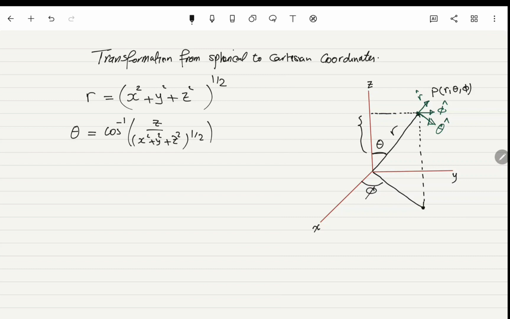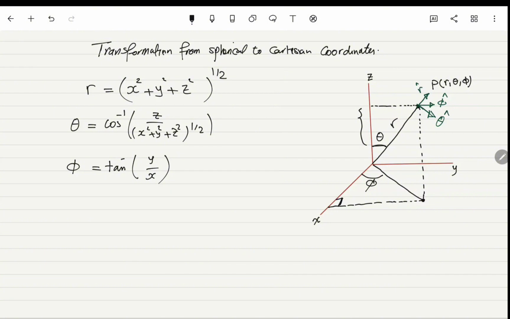Now to identify phi, we have the intercept with the x-axis. Again, this is a right angle triangle, although it doesn't look like 90 degrees, it has to be. Tan phi is equal to y over x, so phi equals tan inverse of y over x.